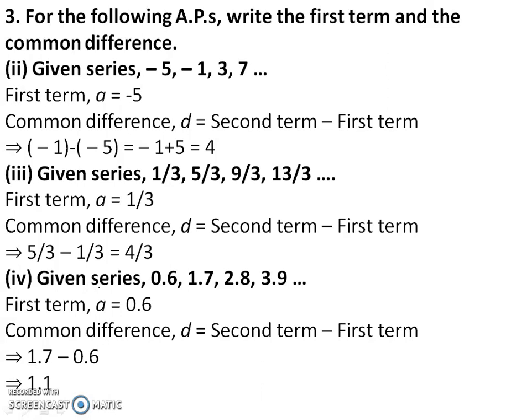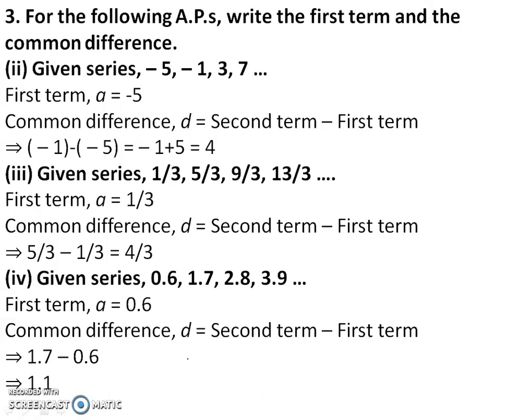Now next question. Given series 0.6, 1.7, 2.8, 3.9. Which is the first term? 0.6 is the first term. How will you find the common difference? Second term minus first term.